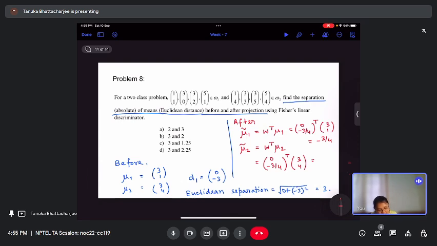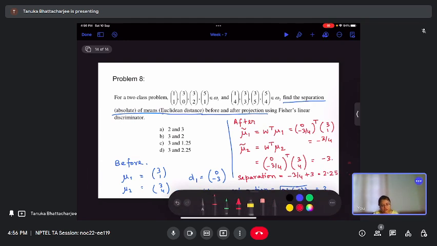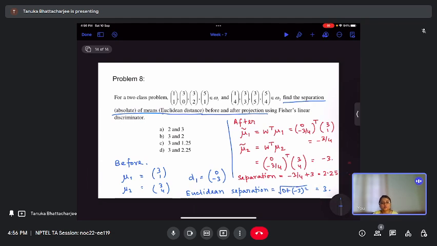So your final value will be minus 3. Okay. So here if you try to compute the separation, that is equals to minus 3 by 4 minus minus 3 which is plus 3, that is equals to 2.25. So the separation before and after projection are 3 and 2.25. So option D is the correct answer for this question.